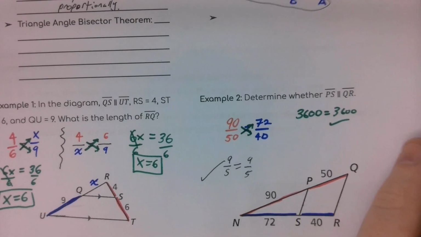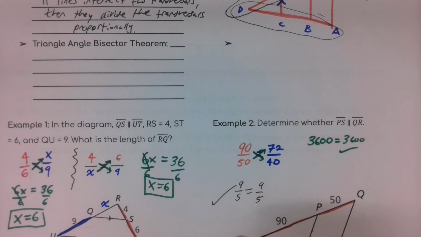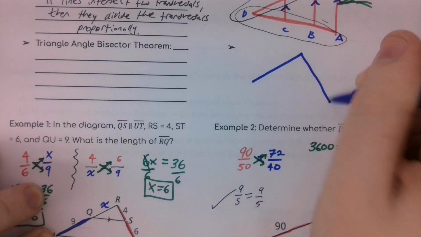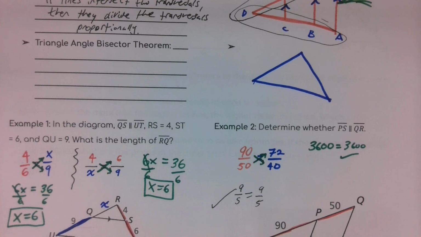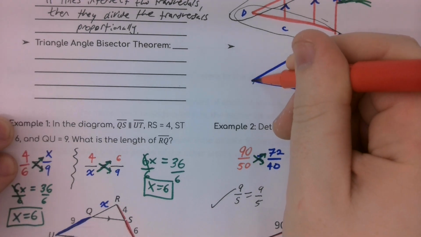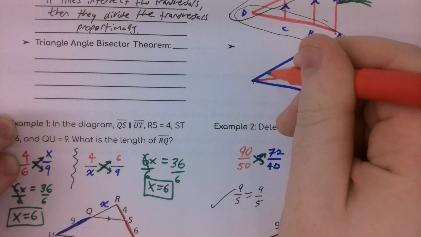Last, but most certainly not least, is the triangle angle bisector theorem. Let's draw a triangle that looks something like this. Let's call it, well, let's not name it yet. Let's put a line through it, specifically a ray, that juts through it like this.